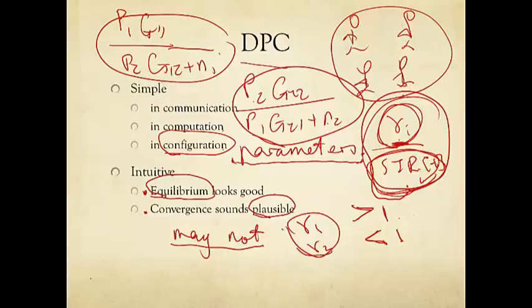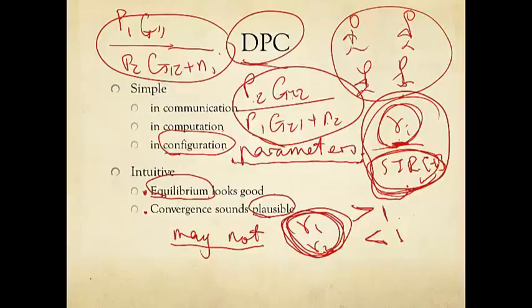So, for sufficiently large gammas, all of them being big, you can't even get convergence anyway. But it turns out that we can show whenever the gammas are reasonable, that is, they are actually achievable, there is a vector of p's to achieve them for the given g's and n's, then we can prove that this DPC algorithm will converge to this desirable equilibrium.